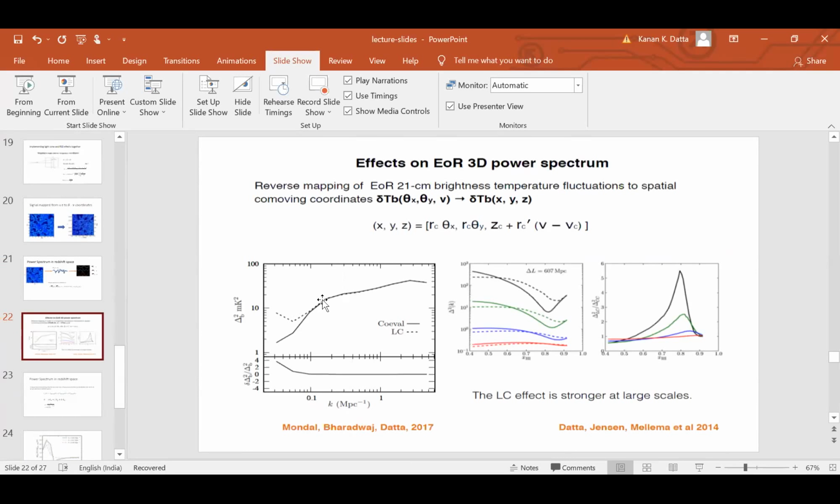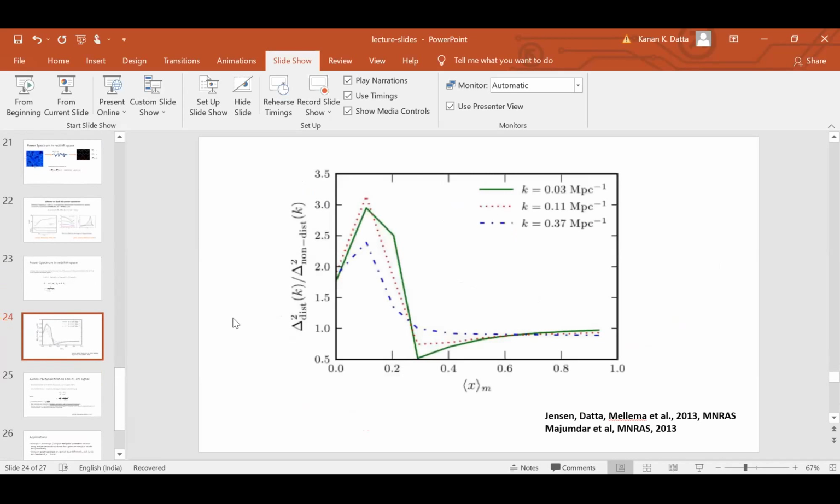Redshift space distortion, again, if I go to this plot, you see this plot. Here I show results for three k modes. Again, they are strong at small k, that is 0.03, 0.11, and at large k it is getting reduced.